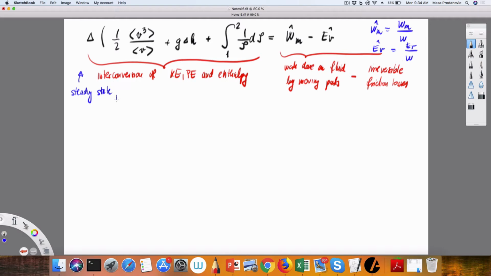So at steady state, my W rho Vs is constant, so I can divide by it, right? And the third term, is it dP or d rho? D rho. 1 over rho d rho.